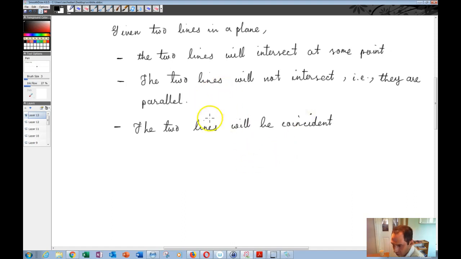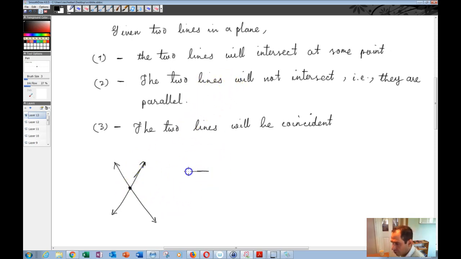Coincident basically means that you have the exact same two lines, and we will see what that means with a couple of examples shortly. For the case where the two lines intersect at some point, you will have, for example, some line like this and another line like this, with a point of intersection over here.